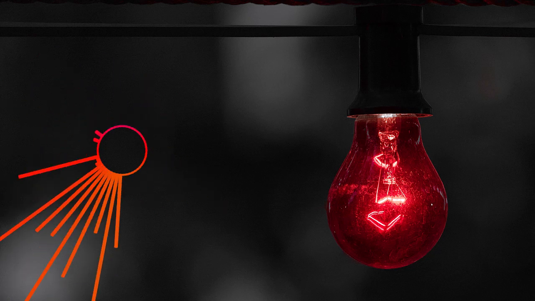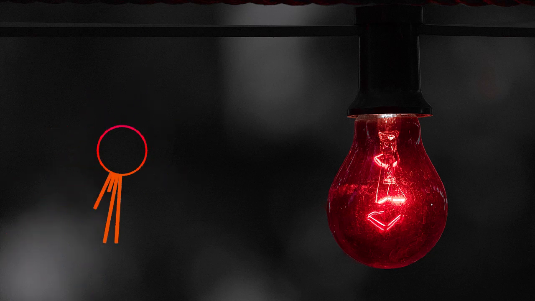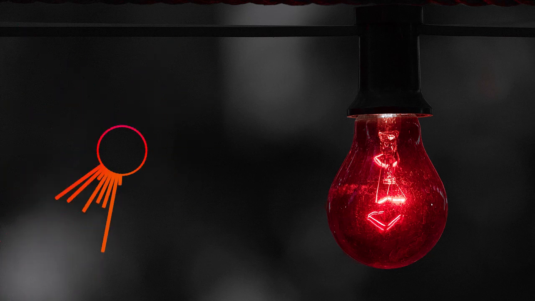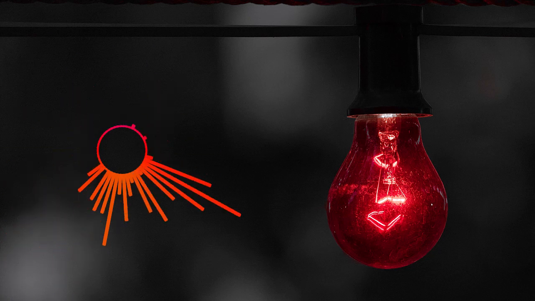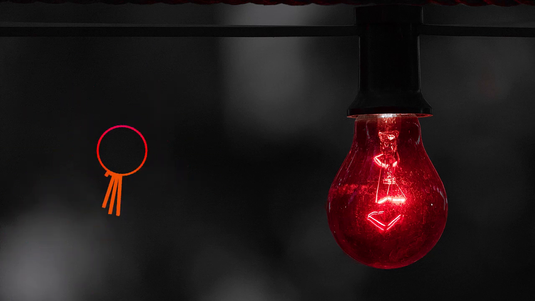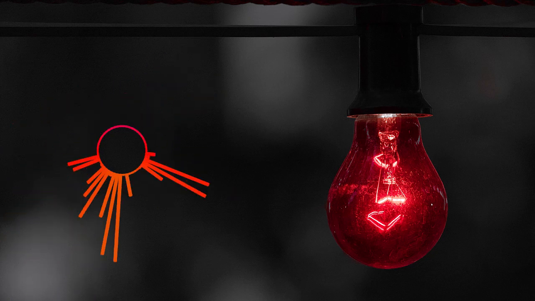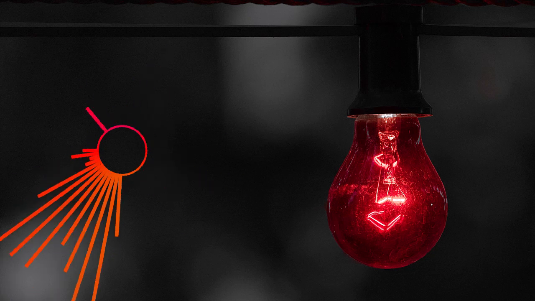Let's pause for a quick review of important terms you'll want to remember. Electricity, energy created by moving electrons. Circuit, a complete loop that electricity flows through. Conductor, a material like copper that lets electricity flow. Insulator, a material like plastic that blocks electricity.